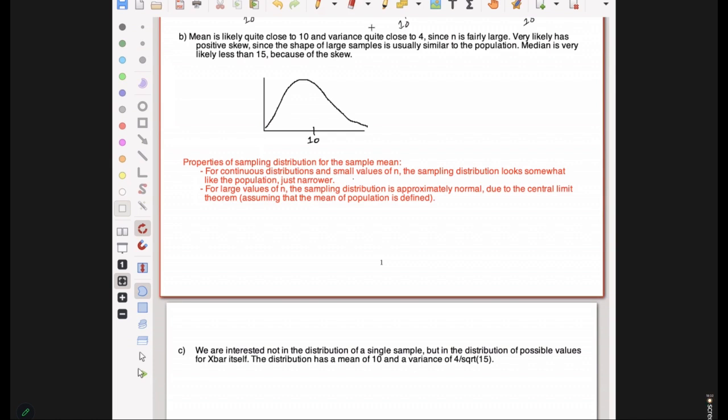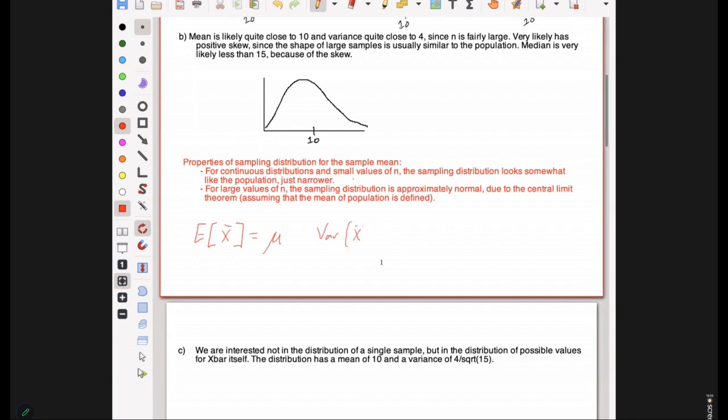And in terms of mean and variance, we can say that the expectation of x bar, which is to say the mean of our sampling distribution for the sample mean, is just going to be the population mean.